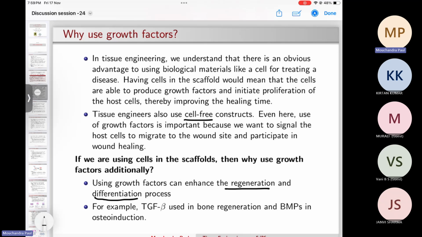They incorporate mesenchymal stem cells and growth factors like BMP-2, and then they show that from the mesenchymal stem cells you are able to get bone formation at your injured site. So for these kinds of applications, the use of growth factors is advantageous for the engineer. All right.